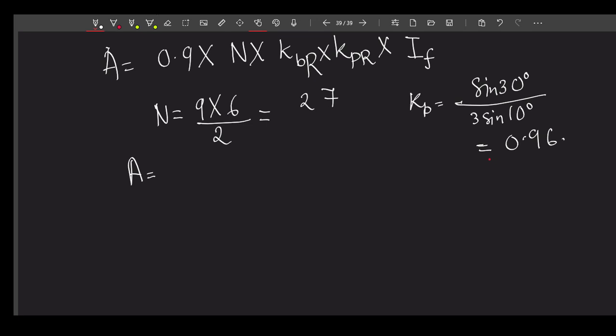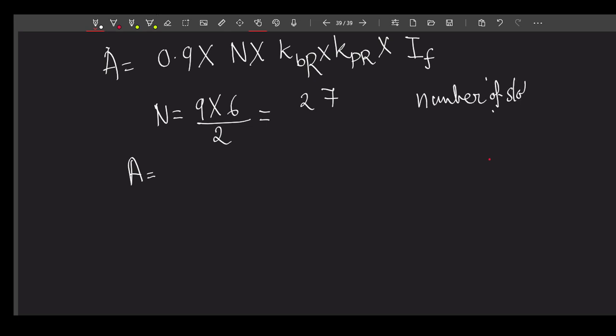60-degree phase spread. Okay, let me do it, otherwise you will not get why it is, how it is coming. Like if you practice then you will get, but otherwise not. That number of slots per pole is 9. So number of slots per pole per phase will be 9 by 3 is equal to 3.